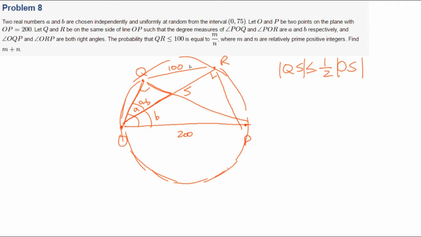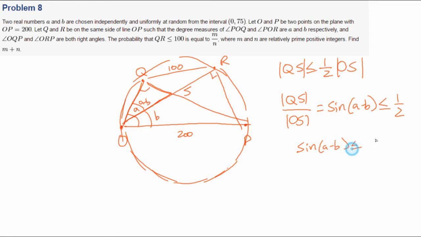So in order to do that, A minus B has to be less than 30. Because if you think about it, QS over OS is equal to sine of A minus B, which is less than or equal to 1/2, which means that A minus B is less than 30.